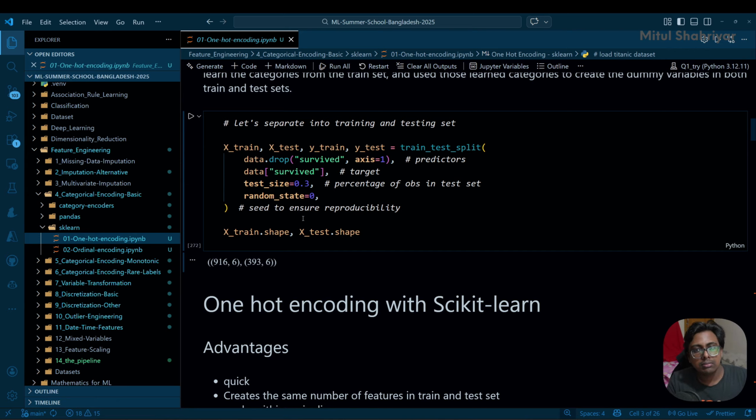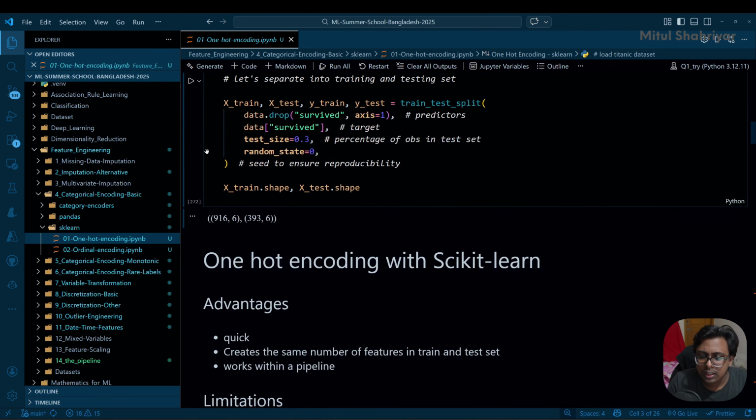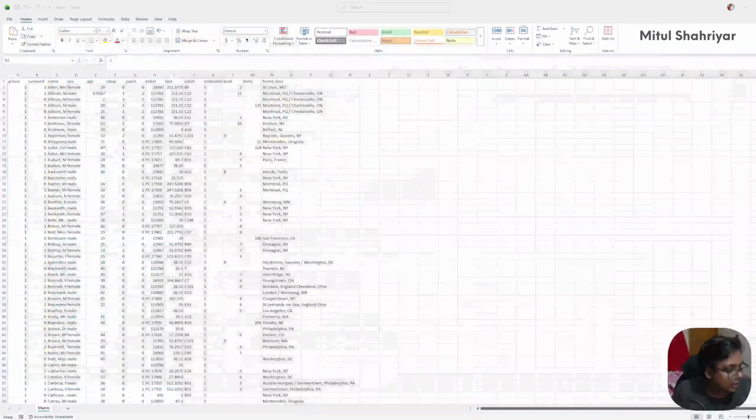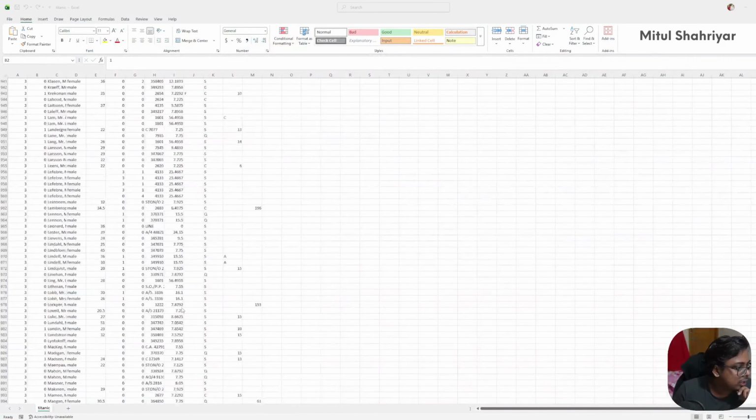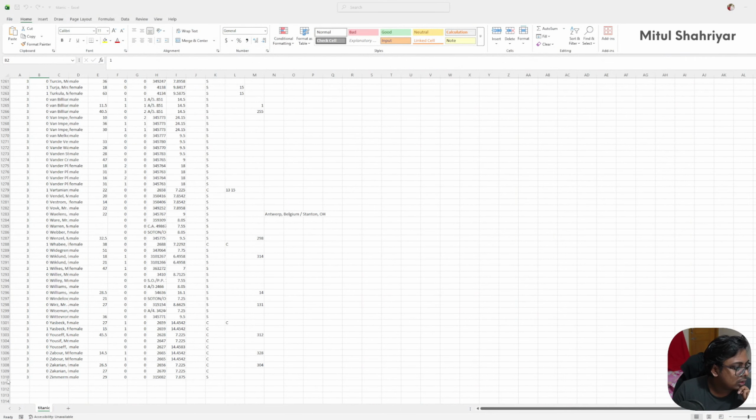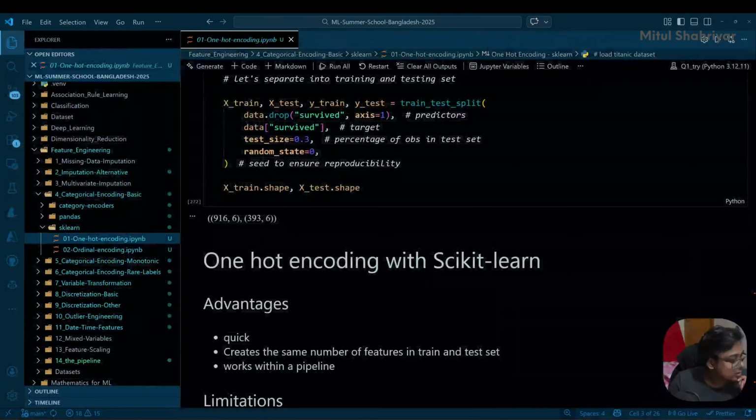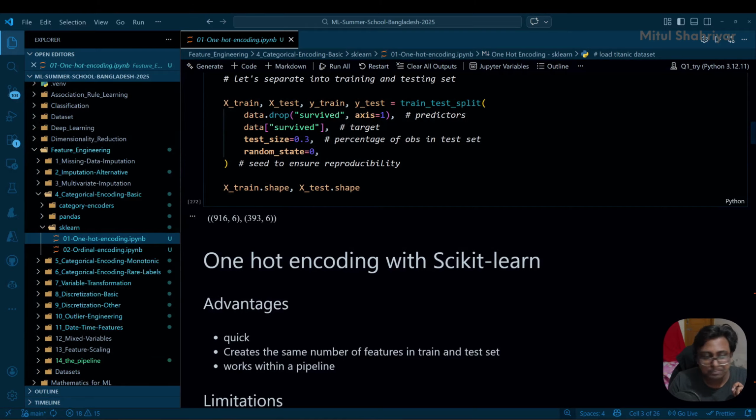In the slides, I did show 80-20, so it's better to provide 0.2, but 0.3 works as well. After that, if you look into the data, we have nearly 1,310 rows.